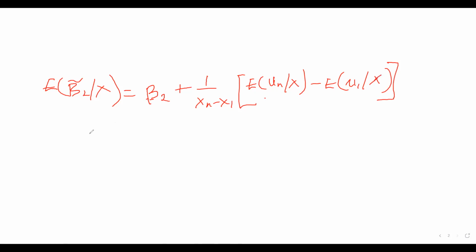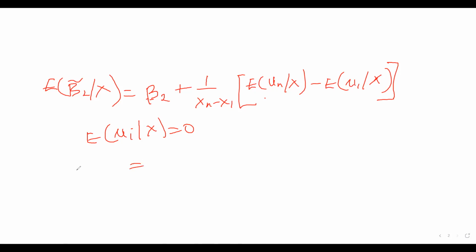So now, because from the assumption the expected value of UI given X is equal to 0, this becomes 0, this becomes 0.